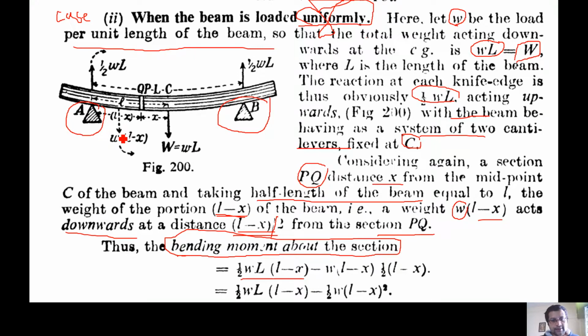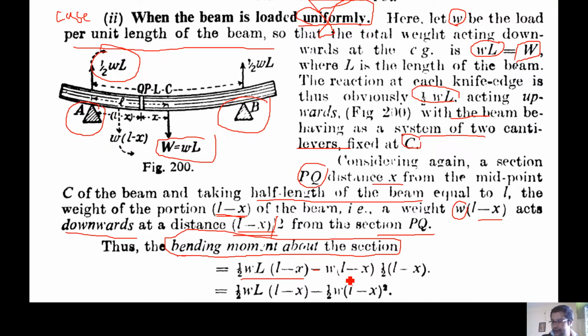There is an equal and opposite force to the weight acting downwards, half of WL into L minus X, which is opposite to the applied weight. Therefore for the resultant we need to subtract the weight which is acting downwards.